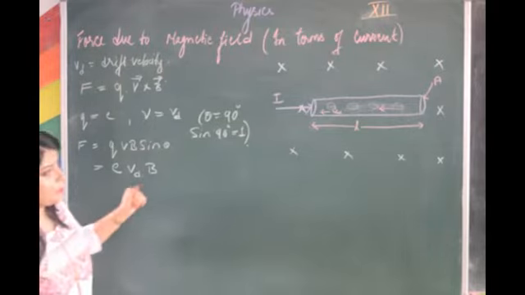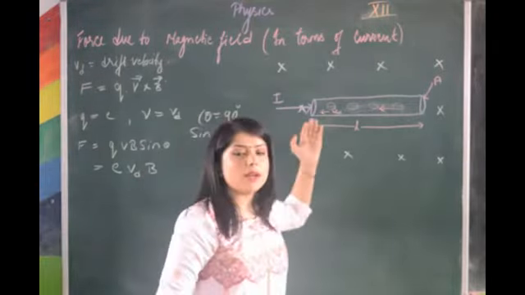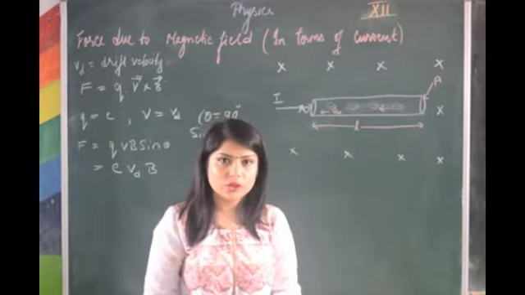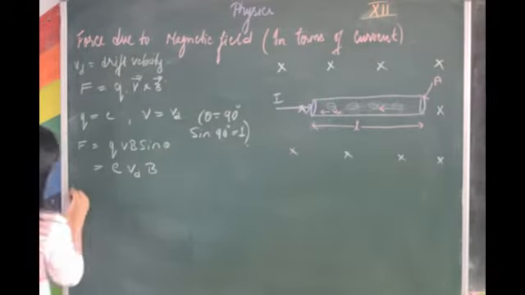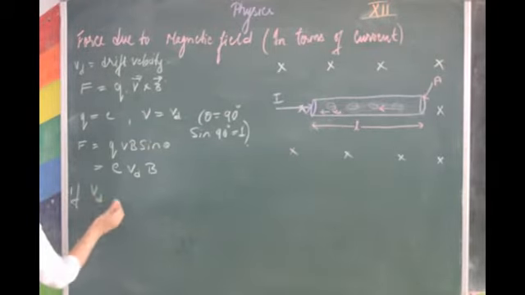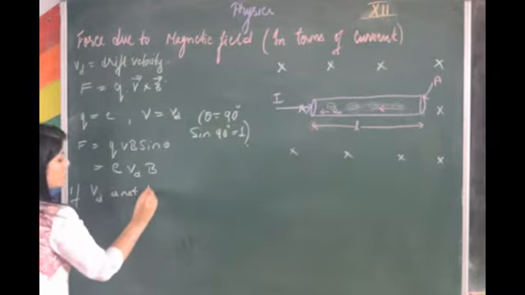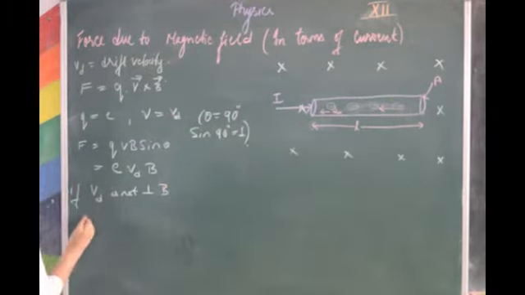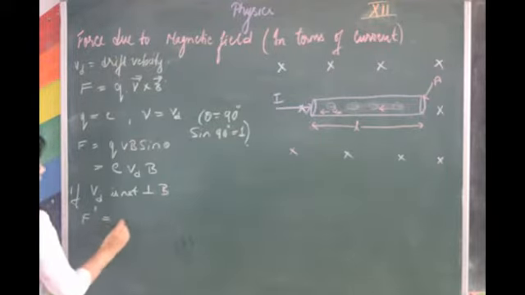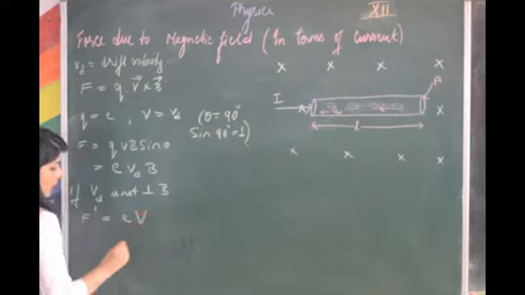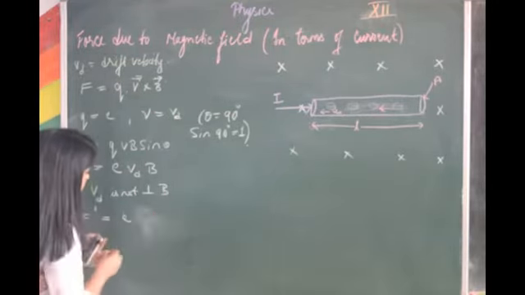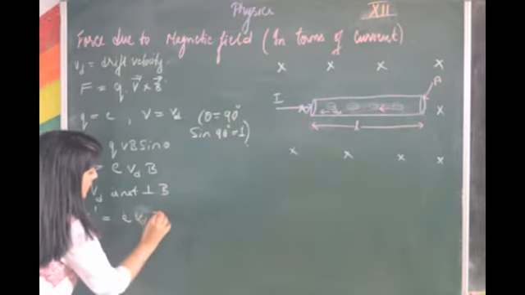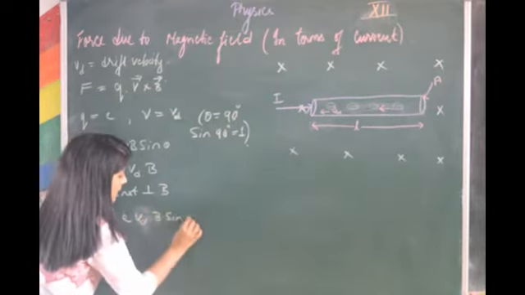This is when the velocity of the electron and magnetic field are perpendicular to each other. Now suppose they are not perpendicular to each other. If velocity is not perpendicular to B, then what will be our force? We write F dash. This will be e, that is charge of electron, times v, the velocity, times B sine theta.